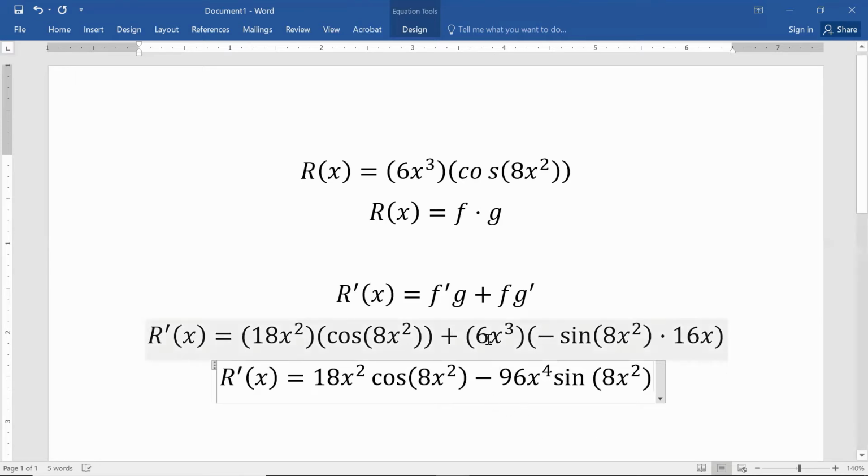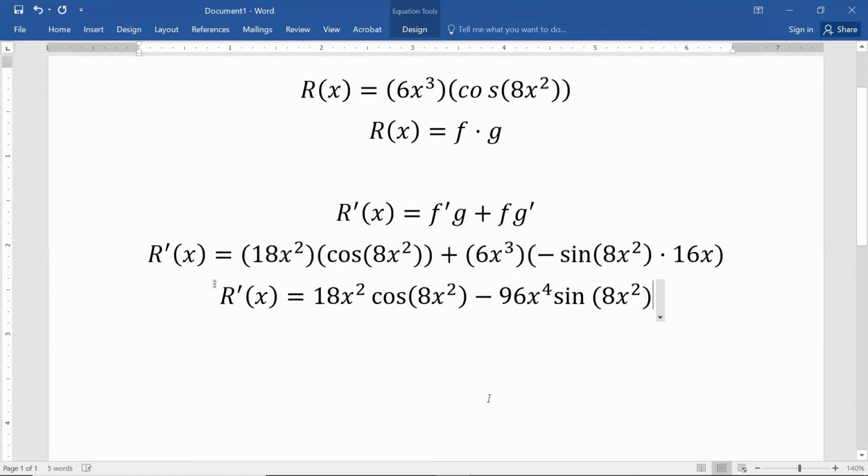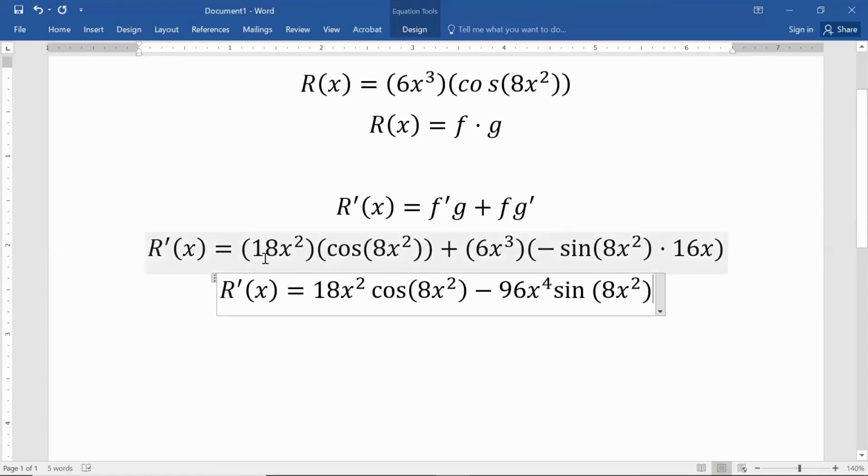Again, the 6 times 16 gave me 96. I had a negative with the sine. And then the x to the third times the x gave me an x to the fourth. So my derivative is 18x squared cosine 8x squared minus 96x to the fourth times sine of 8x squared.